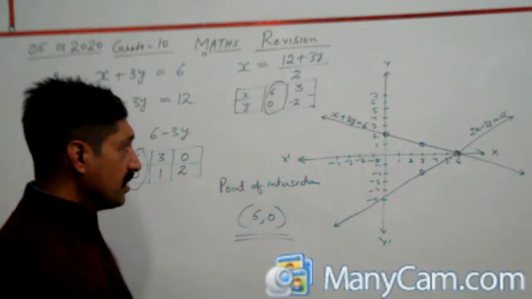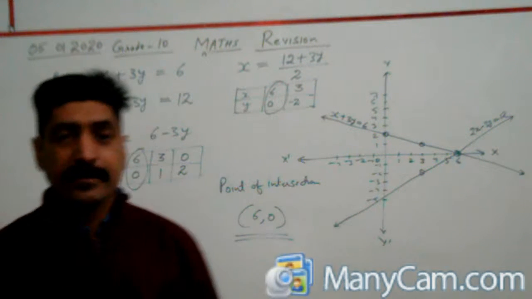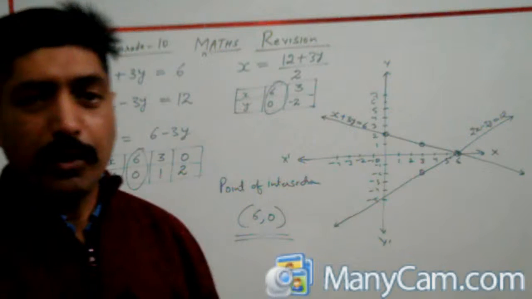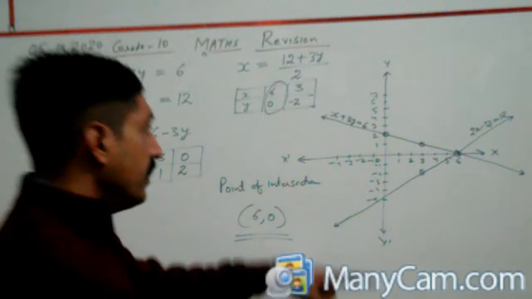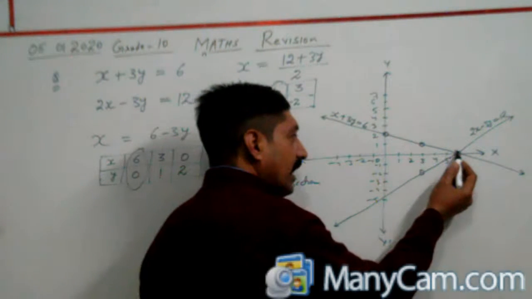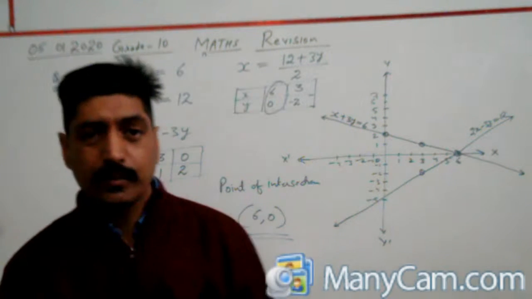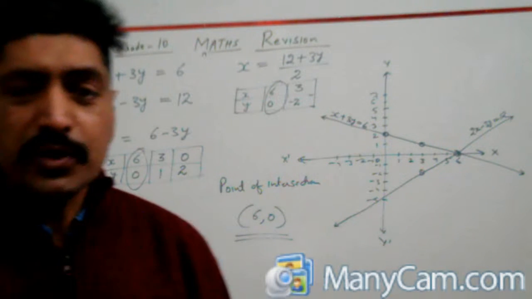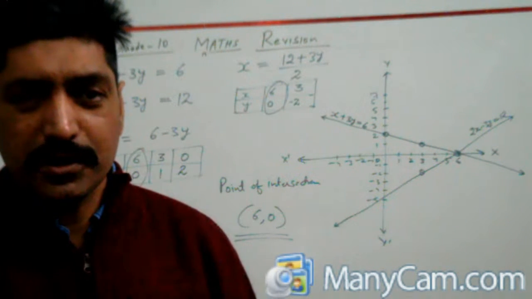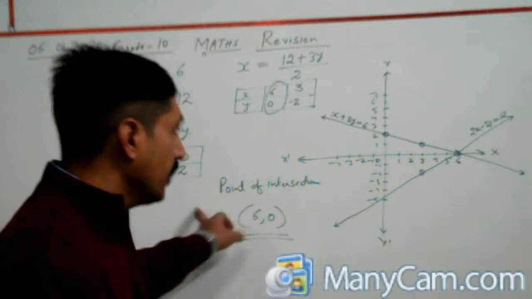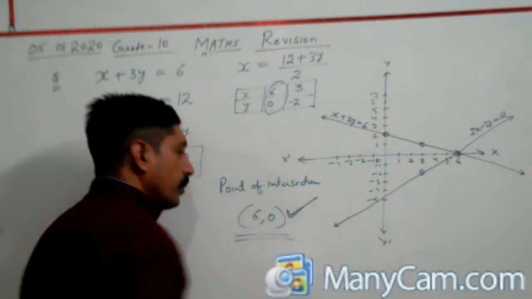But the student took some different points, and when he plotted these two lines on the graph, both lines were not intersecting at the point 6, 0. So all students doing this kind of question, particularly this one, should confirm the solution is 6, 0.